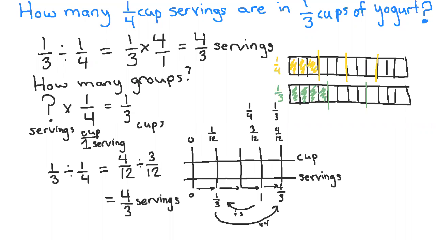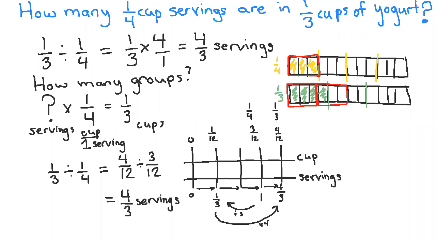Now we will group. We're asking ourselves, how many groups of size 3 boxes can we make out of these 4 boxes? Well, 2 groups would be 6 boxes.